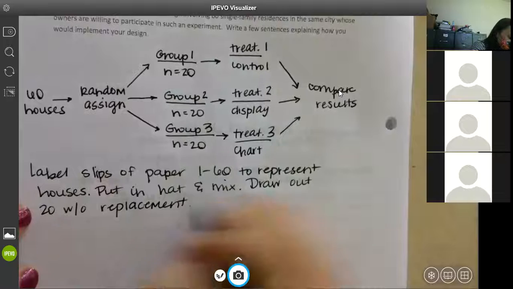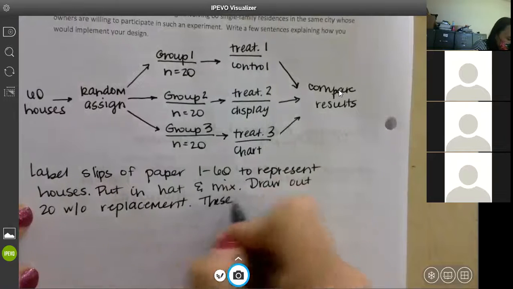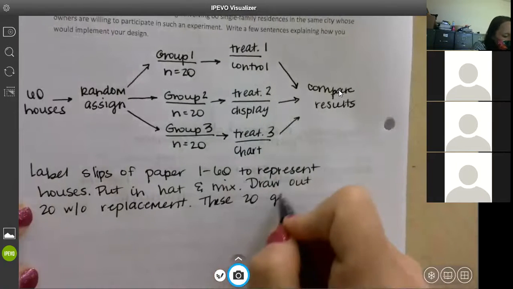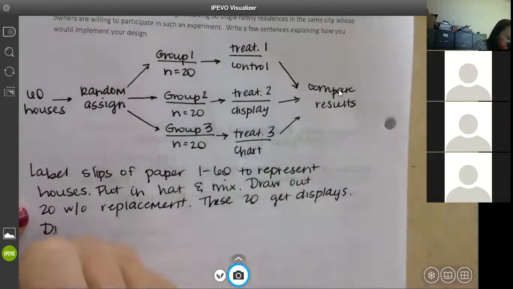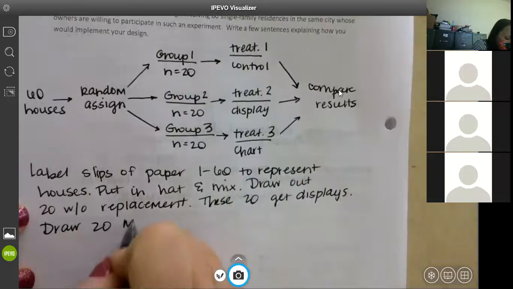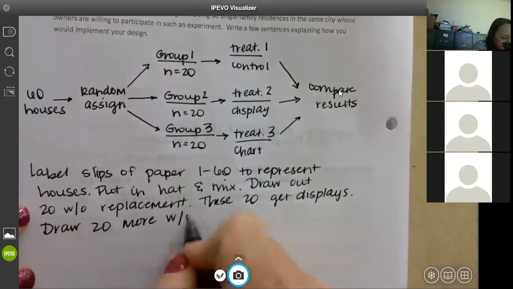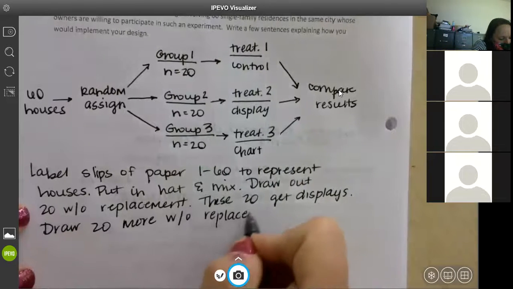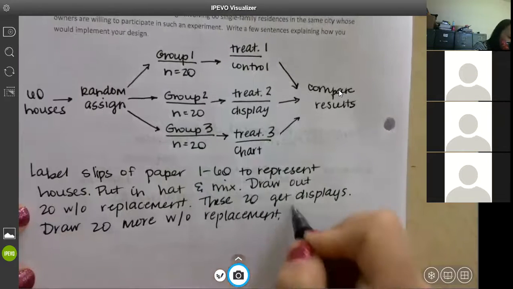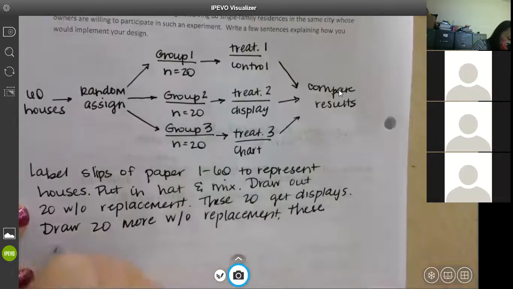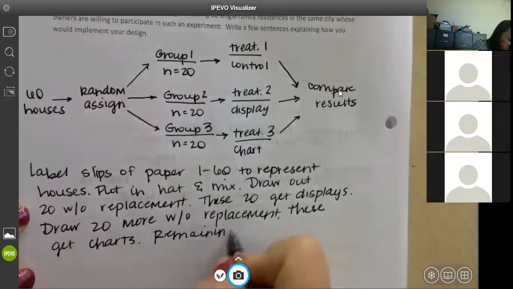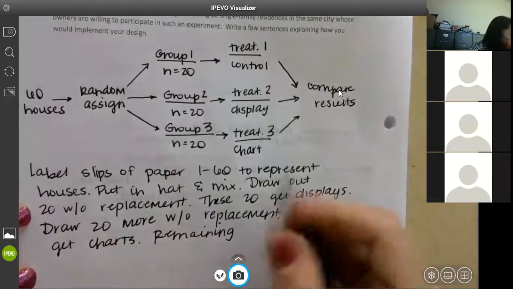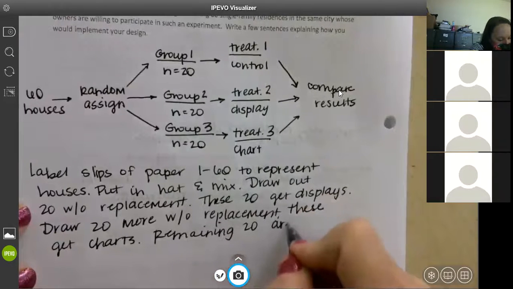So without replacement, these 20 what? Let's say these 20 get displays. Draw 20 more without replacement. These get charts. The remaining 20 are the control.